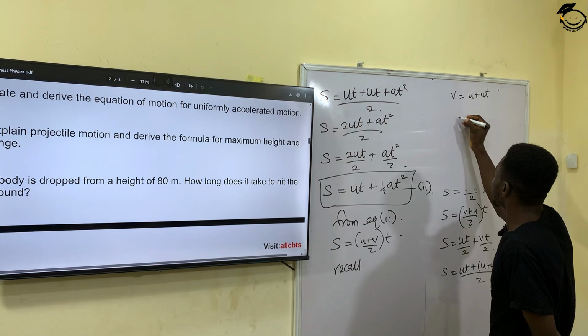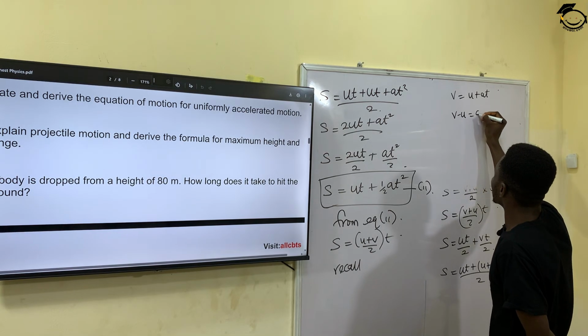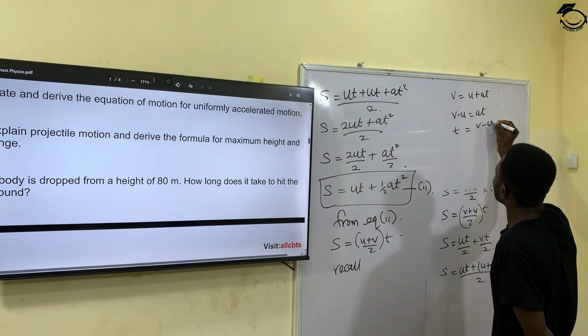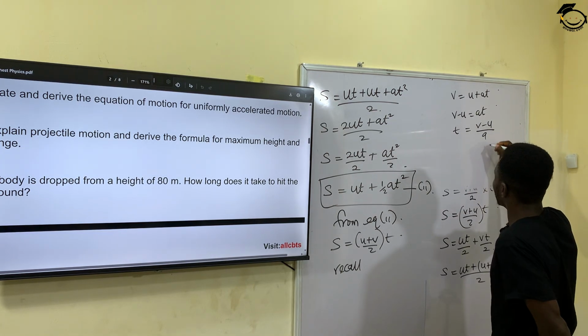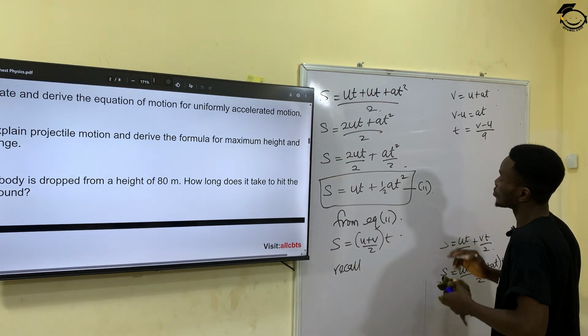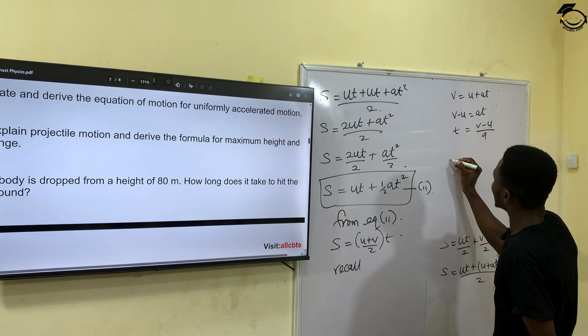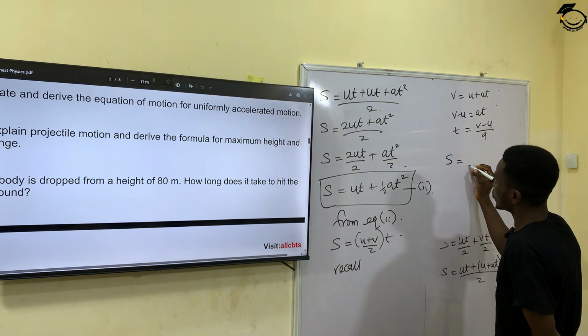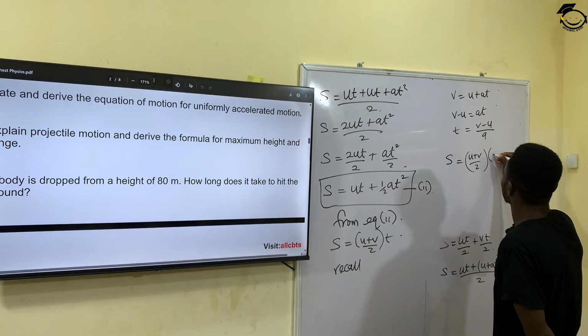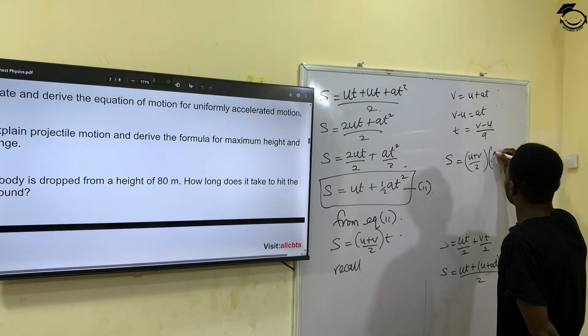This can simply be written as saying that v minus u is equal to at, and this is the same as saying that my t is equal to v minus u over a. So if I substitute for t here, my distance is equal to u plus v over 2 in bracket v minus u over a.